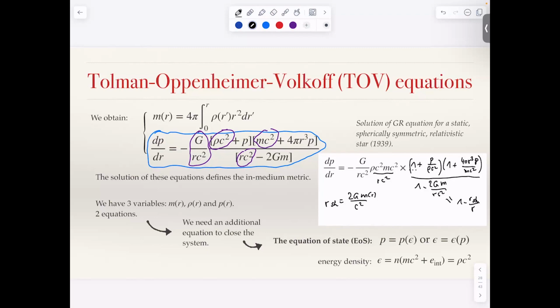Okay, so then what you see is C to the 4, C to the 4, and then my dp over dr is minus j m rho over r square times 1 plus something, 1 plus something, divided by 1 minus something.